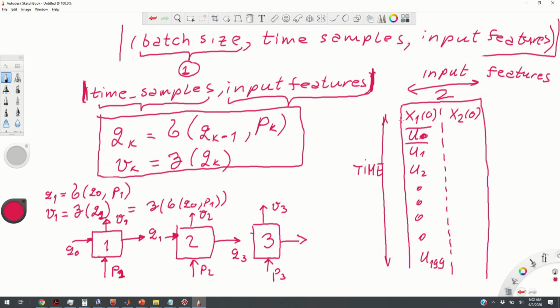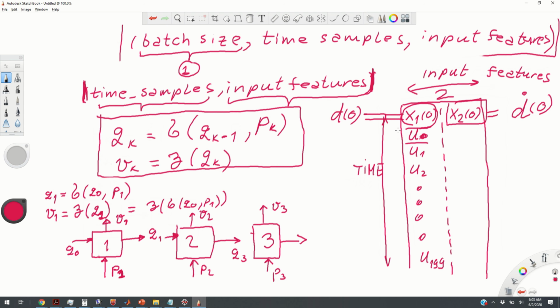This is the first state variable, which in our mass and spring system corresponds to displacement at time instant 0, and x2 of 0 corresponds to the first derivative of displacement. So we need to provide the initial condition of our system as an input to our network.